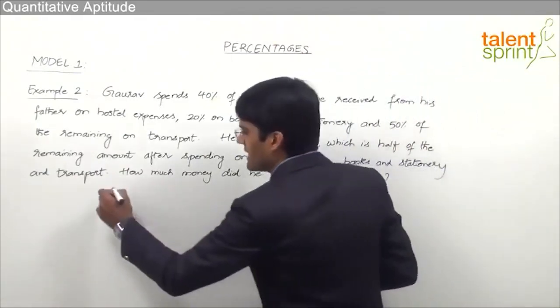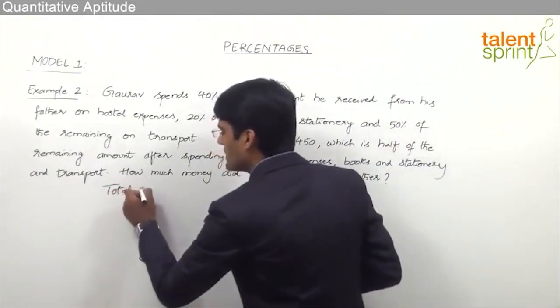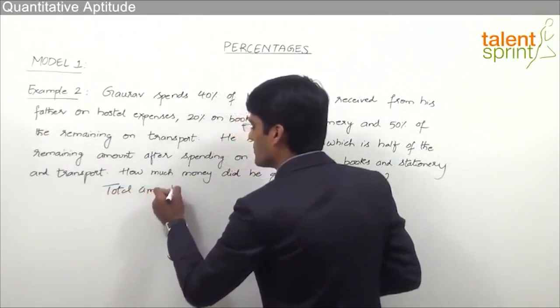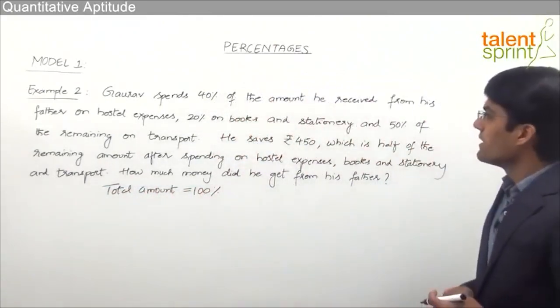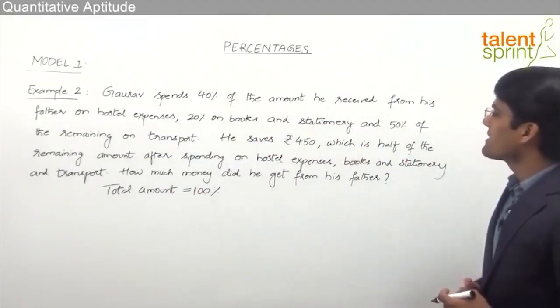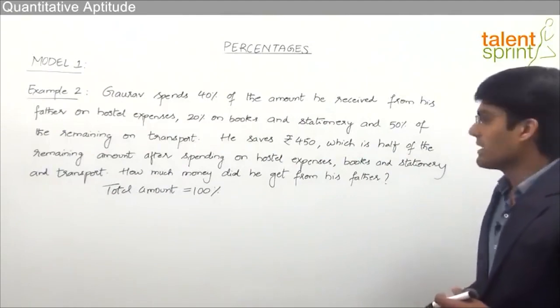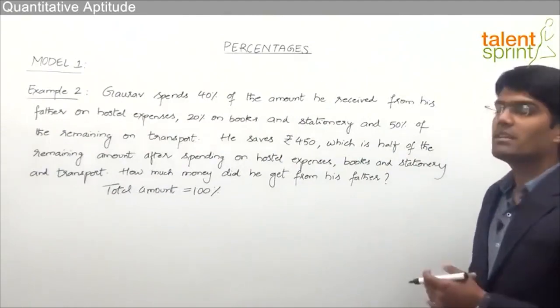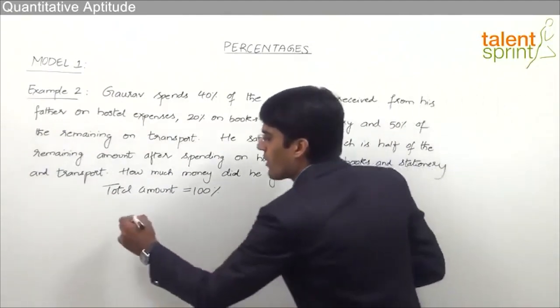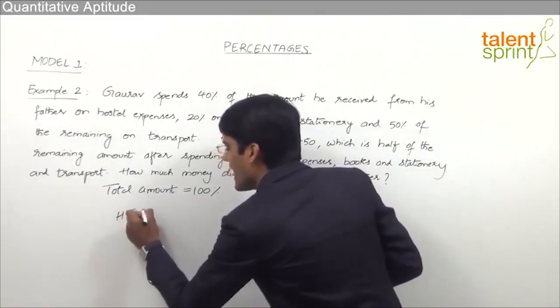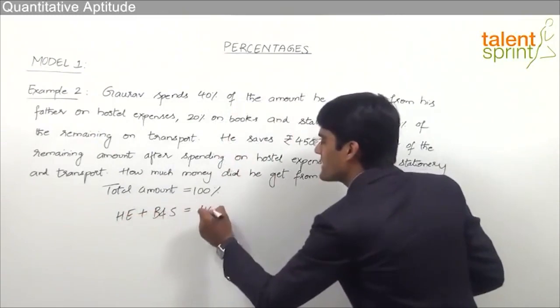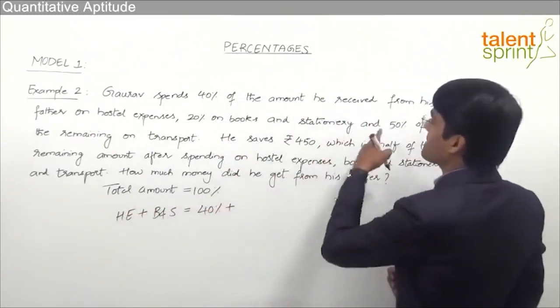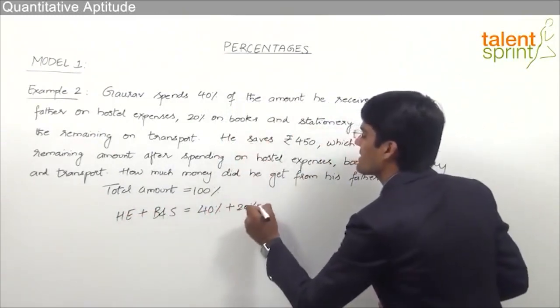Now as discussed earlier, let us assume that the total amount is 100%. So total amount what he has got from his father is 100%. Now he has spent 40% on hostel expenses, 20% on books and stationery, and 50% of the remaining on transport. So for hostel expenses and books and stationery, the total amount spent is 40% plus 20%, which is equal to 60%.